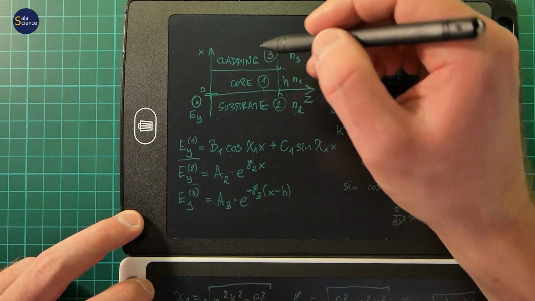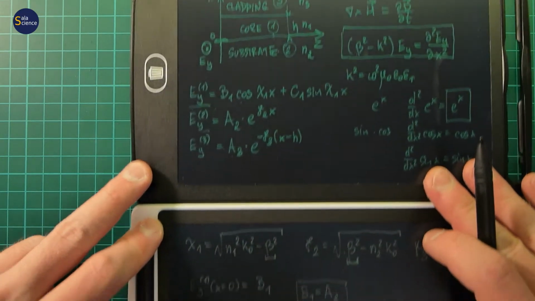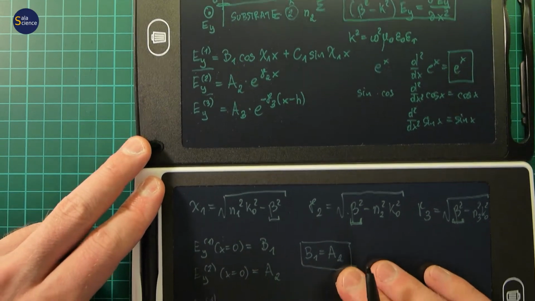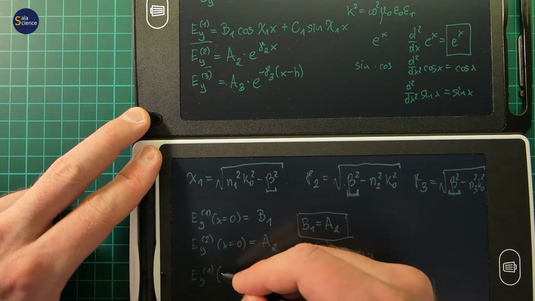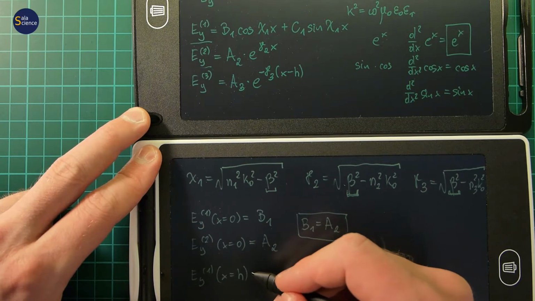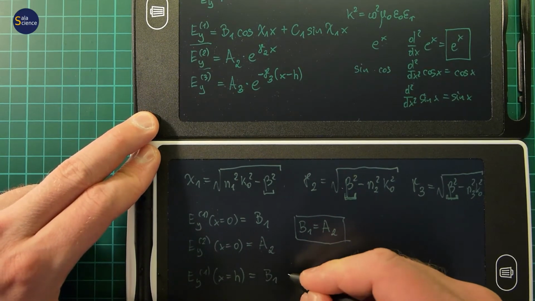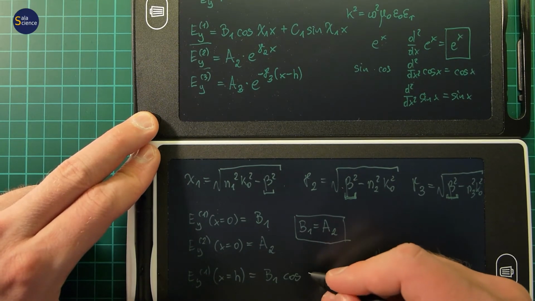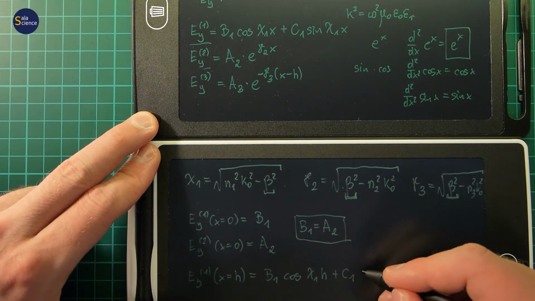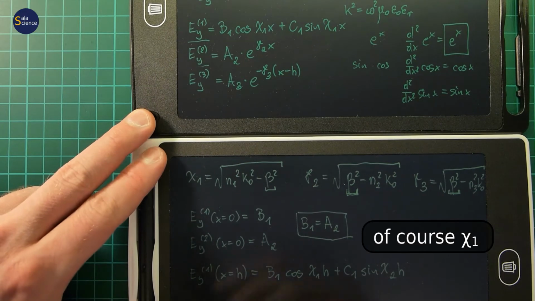The same holds for another boundary between the core and cladding. So EY in the first region, for x equals h, this is b1 cosine chi1 h plus c1 sine chi1 h.